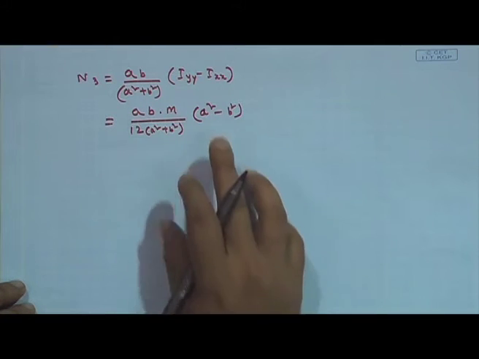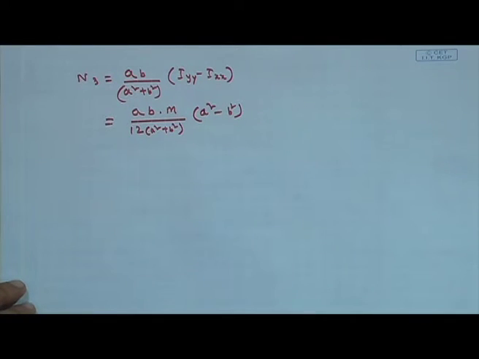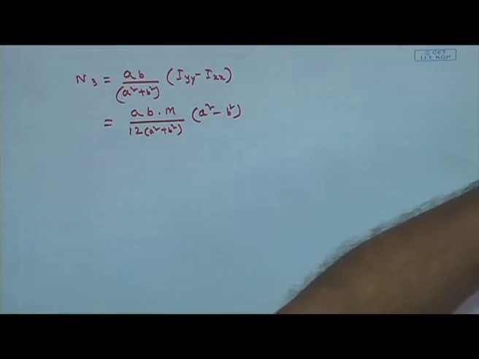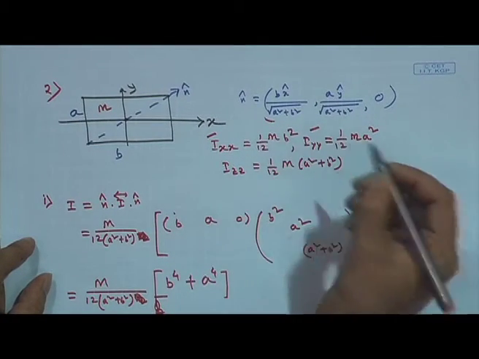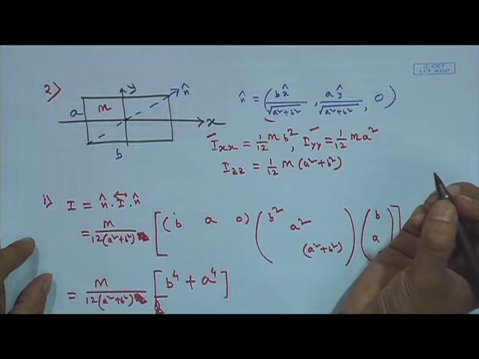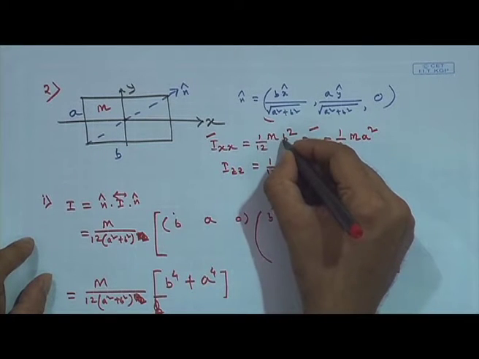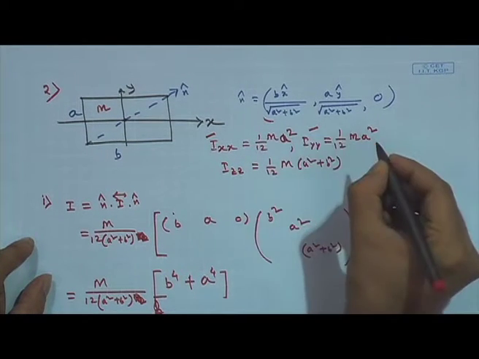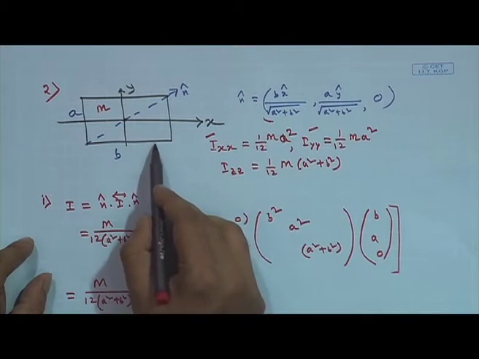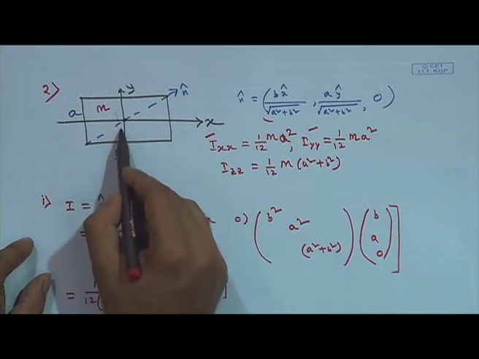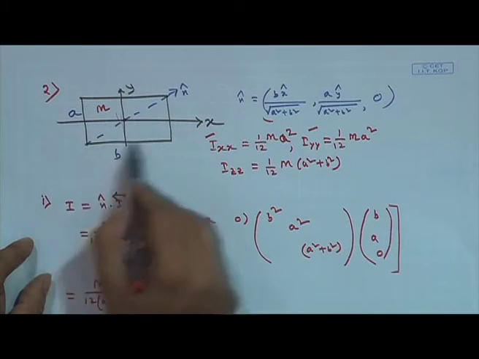Okay, oh, I know. I made a mistake initially. Ixx will be, oh okay, Ixx will actually be m a squared. Yes, this makes sense because it depends on the mass distribution around the x-axis, not along the x-axis.